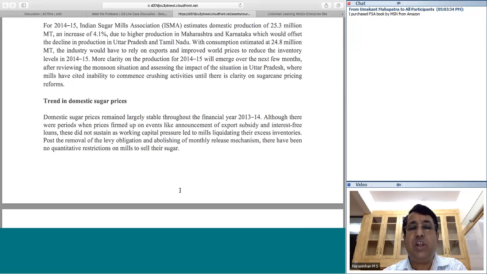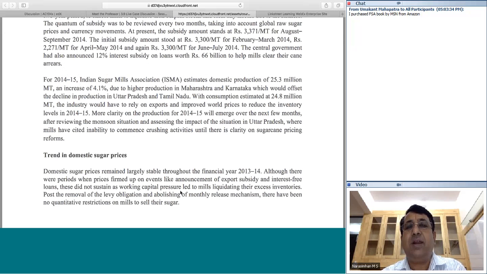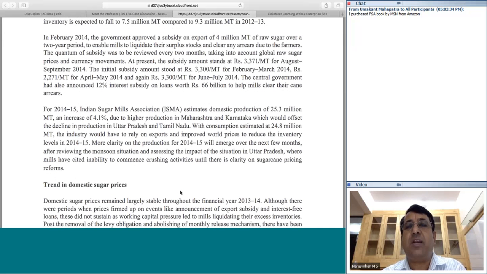There are two things which are happening. One is that international sugar prices have dropped substantially from what they used to be in 2008-9 when the commodity boom was there. But subsequently, the sugar prices have dropped down significantly. That's one thing. The second reason is that, unfortunately, the sugar input prices are not declining. It's not matching with the sugar price decline.